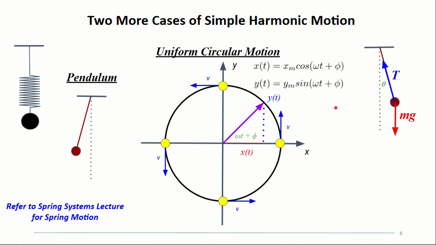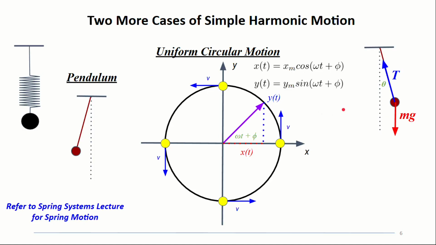And for the sake of this problem, we're going to assume that theta is extremely small. We call that the small angle approximation. We're also going to assume that the acceleration in the x direction is much greater than the acceleration in the y direction.